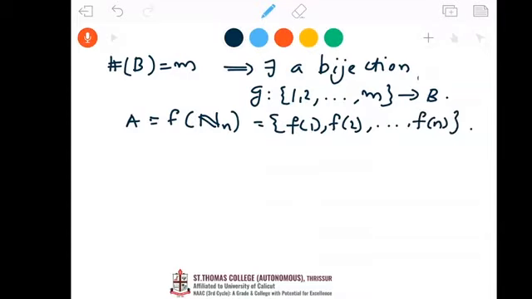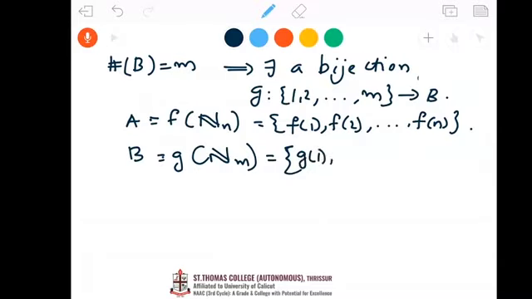Similarly, we have a bijection g from 1, 2, 3, etc. up to m to B. So I can express B as g of 1, g of 2, etc., g of m.